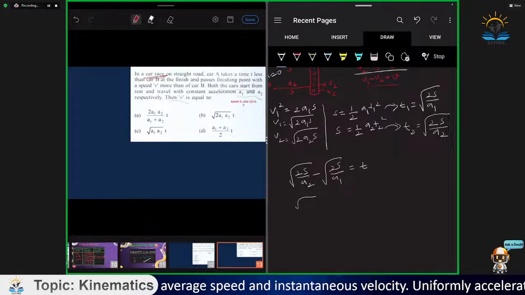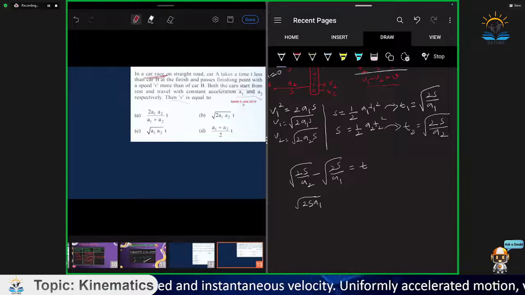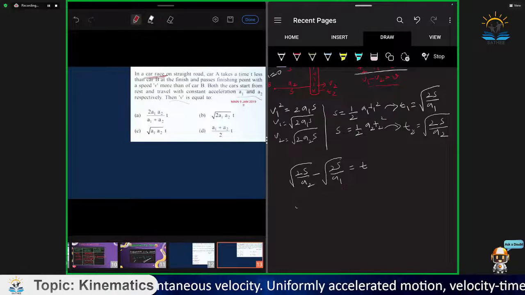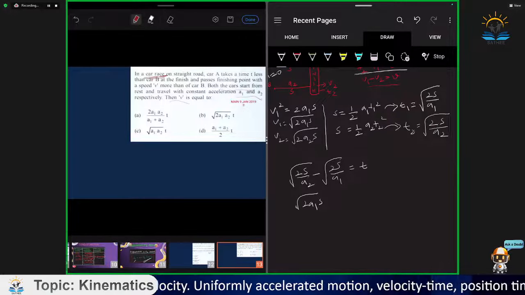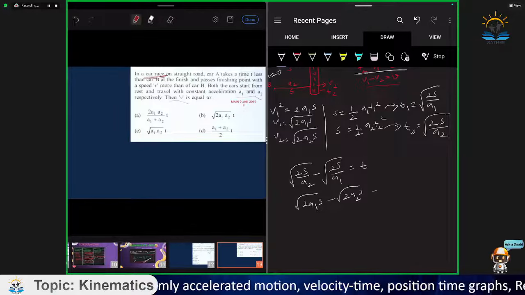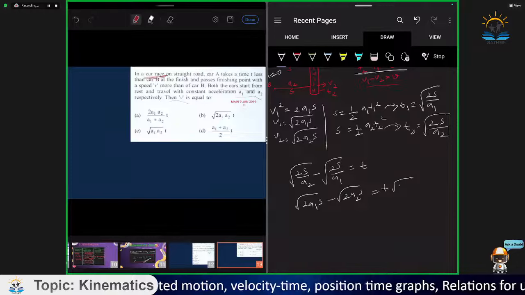So root of 2A1S minus root of 2A2S equal to T into root A1 A2. I just multiplied root A1 A2 both sides.